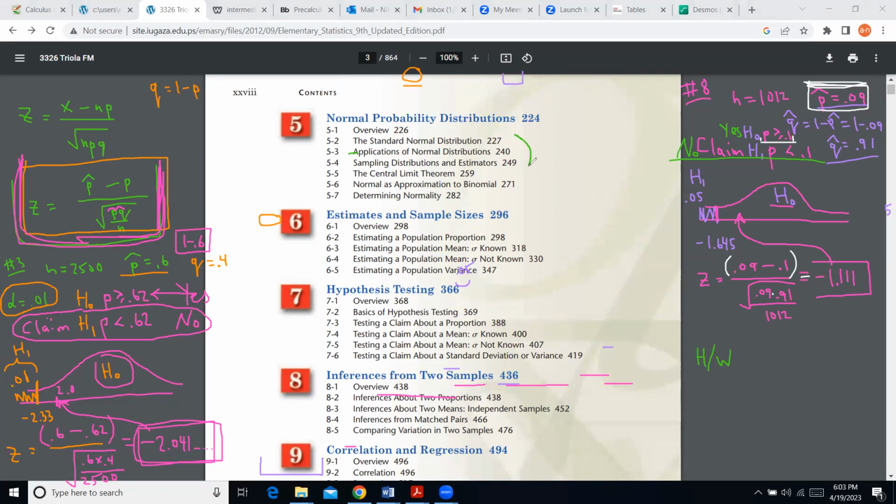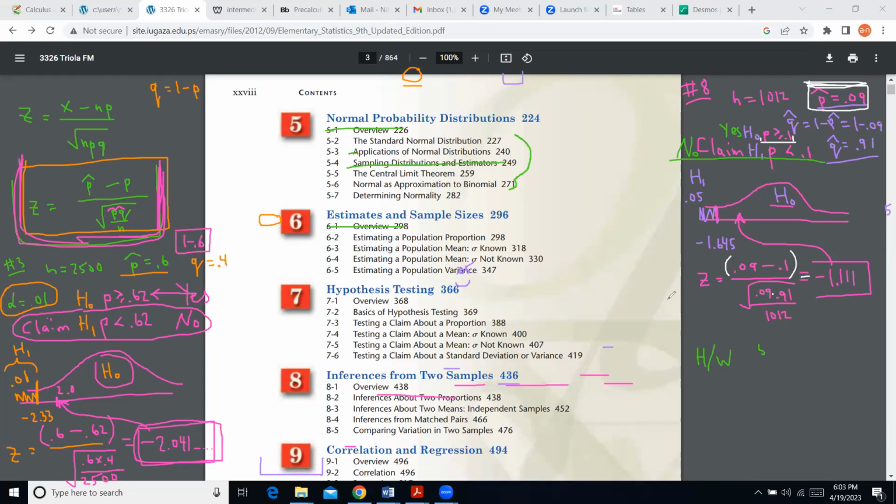So for the homework, so far we have chapter 5 that deals with normal distributions. There is never a section 5.1, there's never section 1 of any of these chapters. Actually, we skipped 5.4.